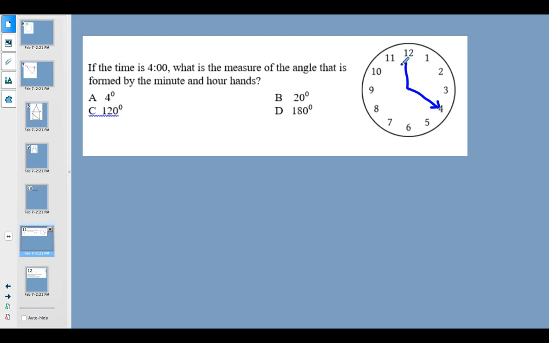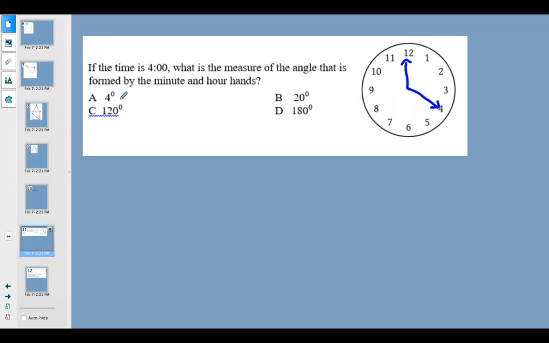And you would easily be able to see that this angle is open nice and wide like an obtuse angle. But look at our answer choices. It doesn't say acute, it doesn't say obtuse, it gives us degrees. So we can use what we know to eliminate answer choices. For example, if we look at A, it says 4 degrees.